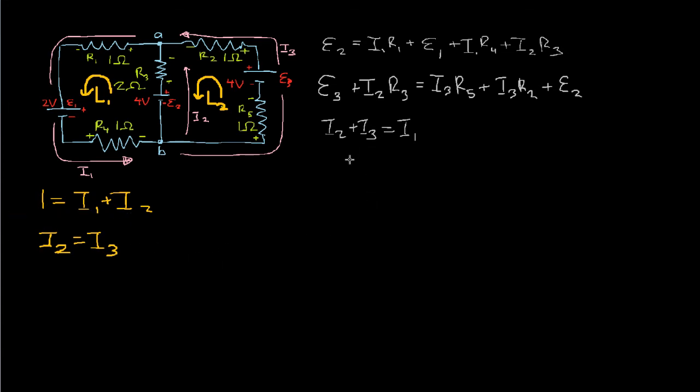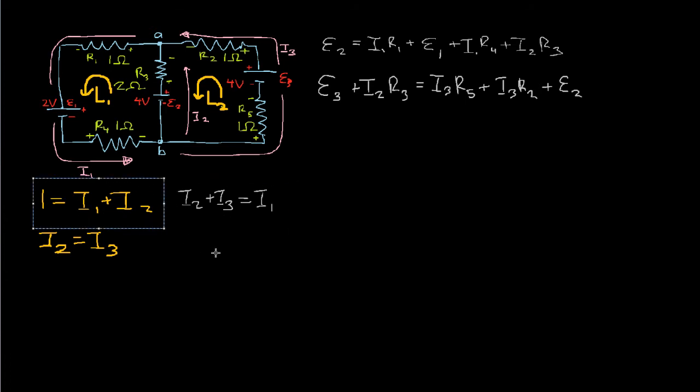Okay, and now we got another handy dandy equation we didn't think about. I2 plus I3 equals I1. So let's first substitute this guy into this guy. So we'll take a different color.